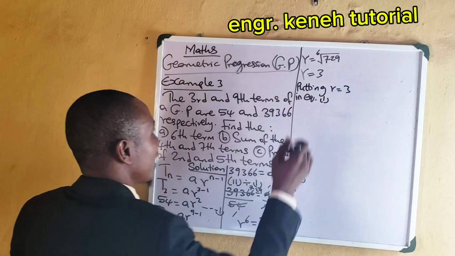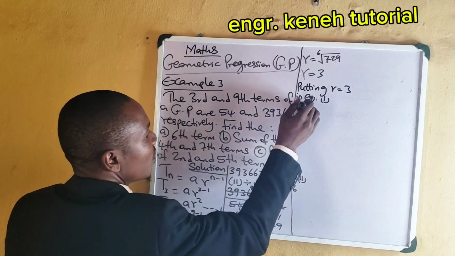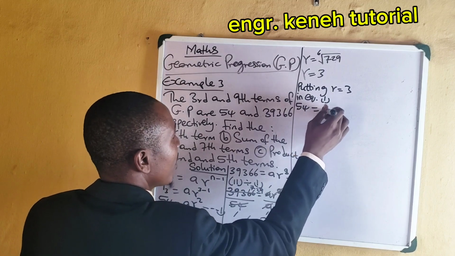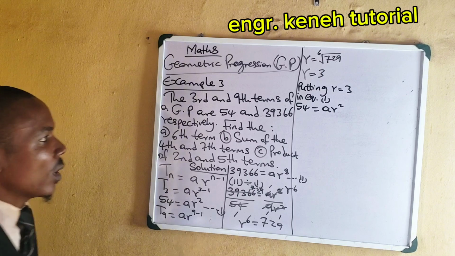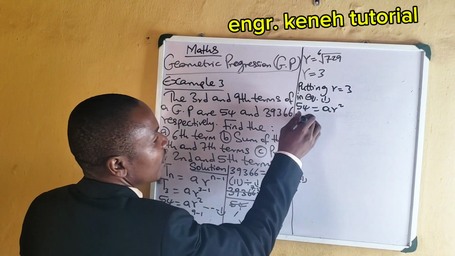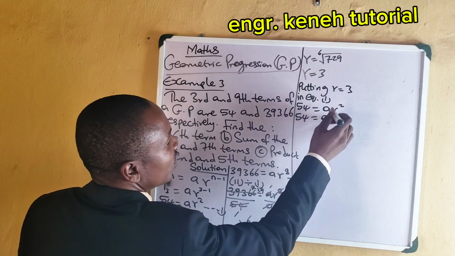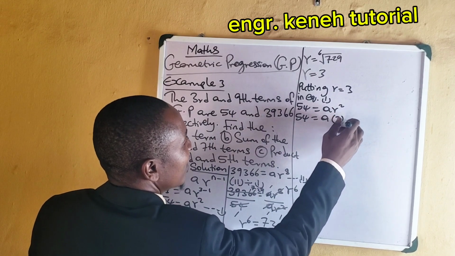We have 54 is equal to a, r to the power 2. Now I have obtained the value of r, so instead of writing r, I'll write 3.